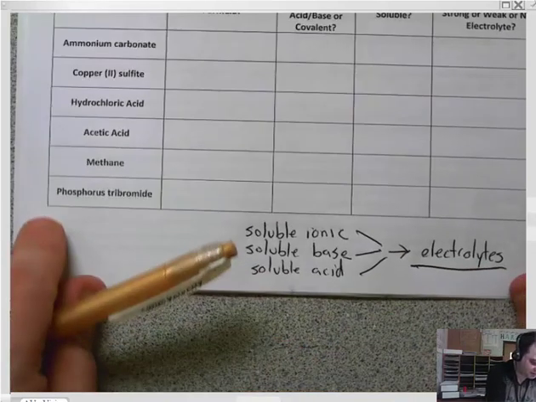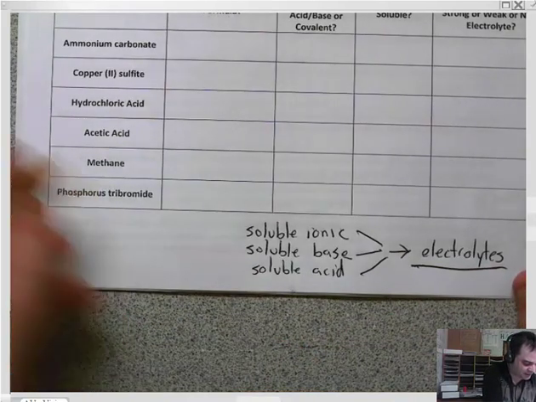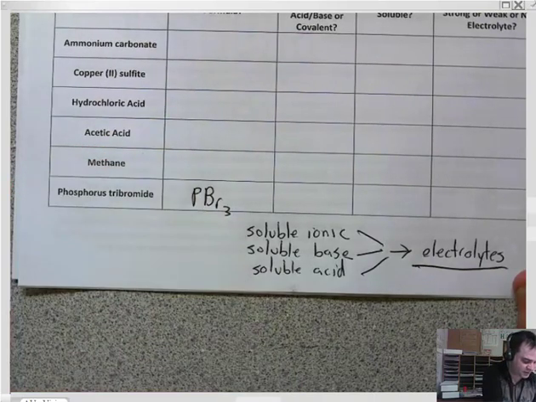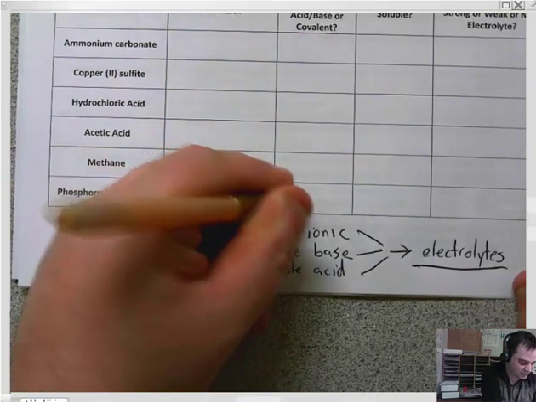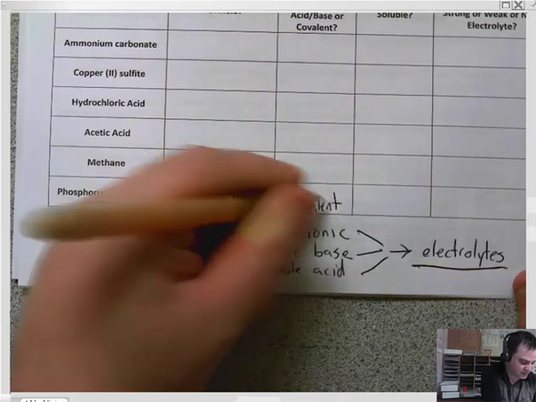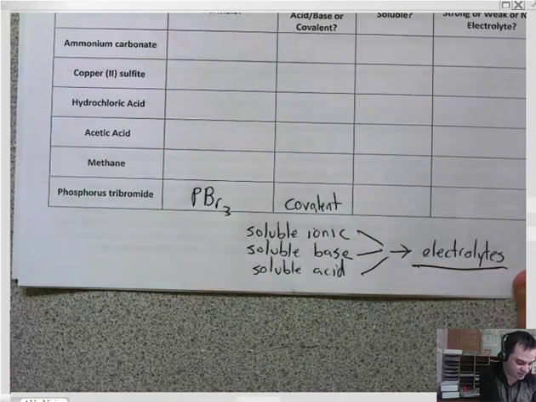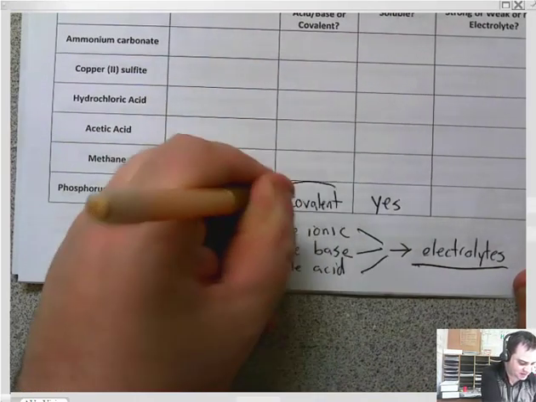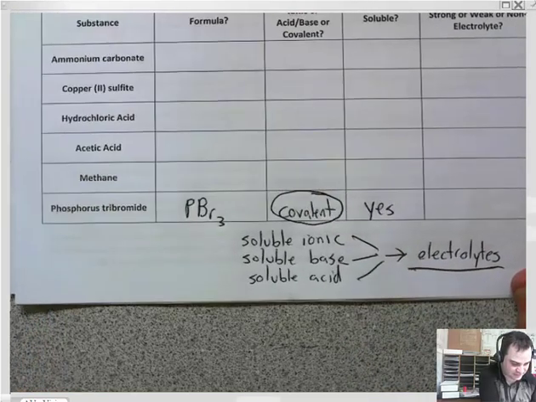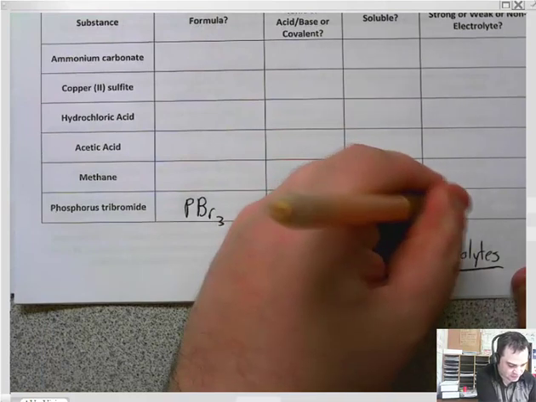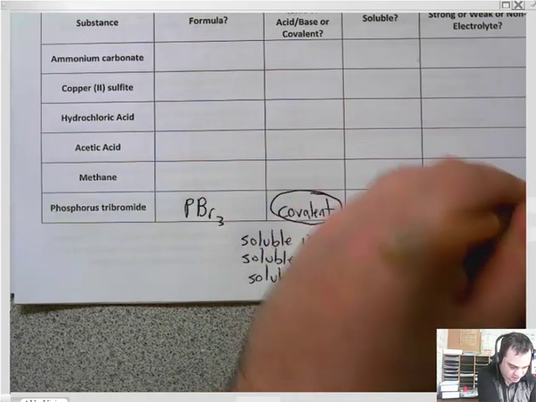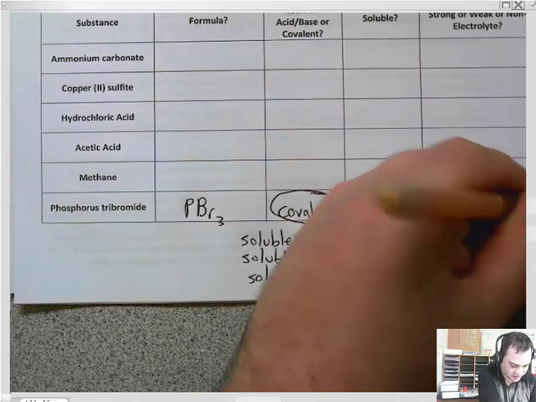Phosphorus tribromide is PBr3. This is a polar covalent substance, so it is soluble. But since it is covalent, it is a non-electrolyte, because no covalent substances are electrolytes.